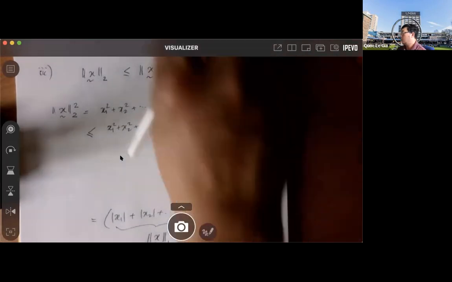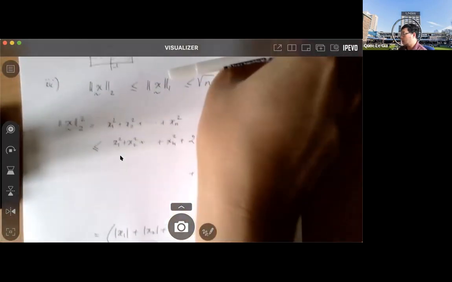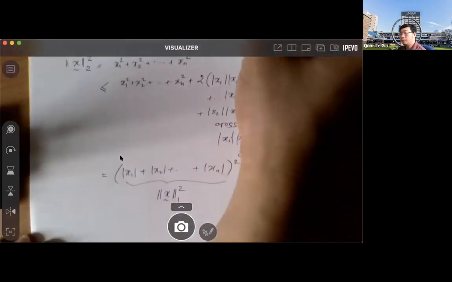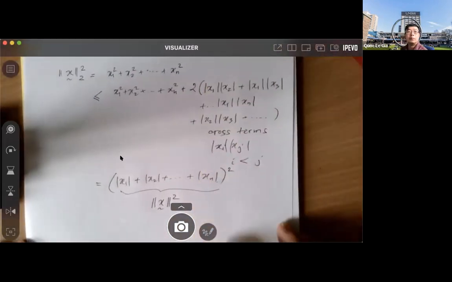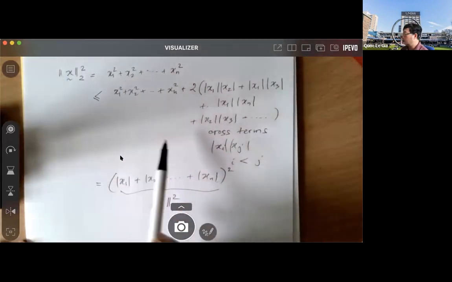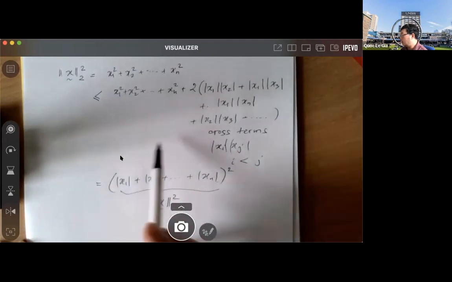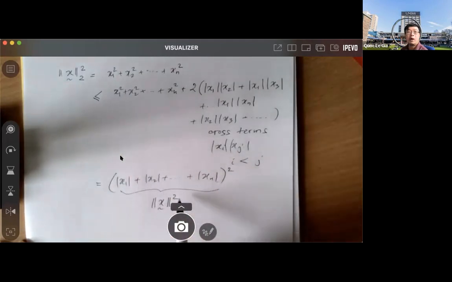Okay, so that is how I prove it. So we follow from here. The two norm of vector x squared is less than or equal to this, which is less than or equal to the one norm squared.